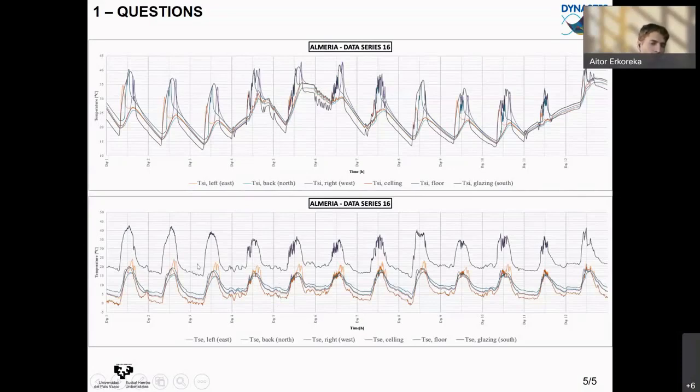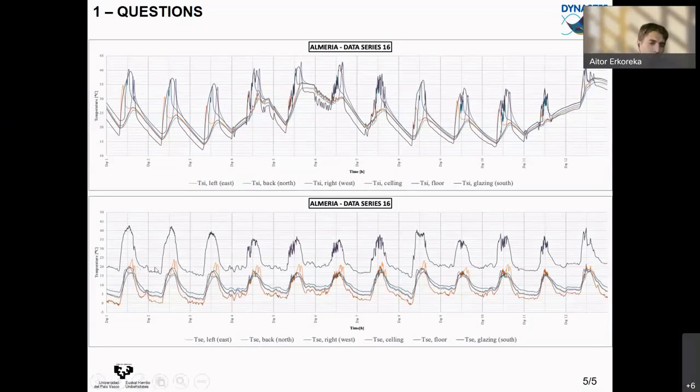And when the solar radiation strikes the south face, we can see that the surface temperature measurement might go up to 42, 43 degrees. And probably in this area where we have solar radiation, the glazing temperature is not exactly the one given by this sensor, because the emissivity of the sensor surface is not the same as the glazing one.